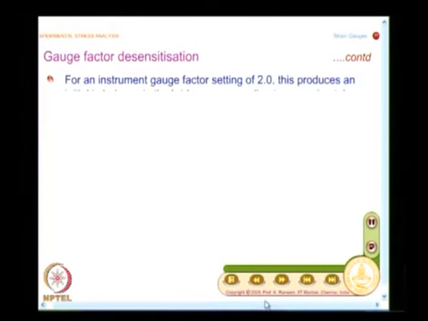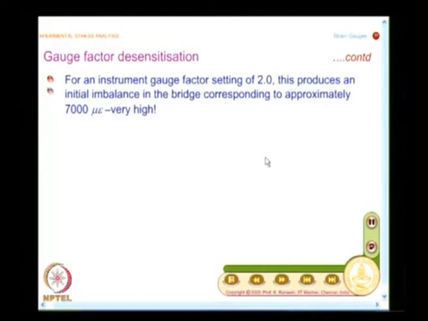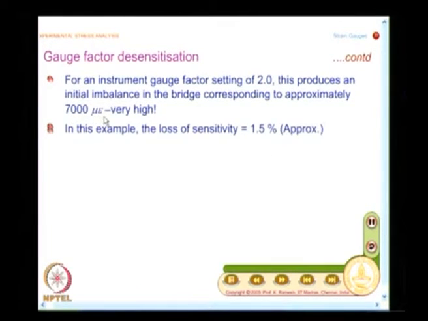So, this needs to be balanced, because what I want to do is measure change in resistance because of load applied. The lead wire has to be accommodated in the initial balance. When I have 1.7 ohms, I find the equivalence in terms of strain is 7000 micro strain.